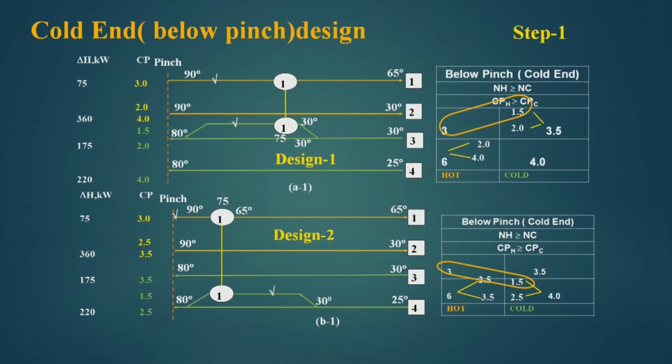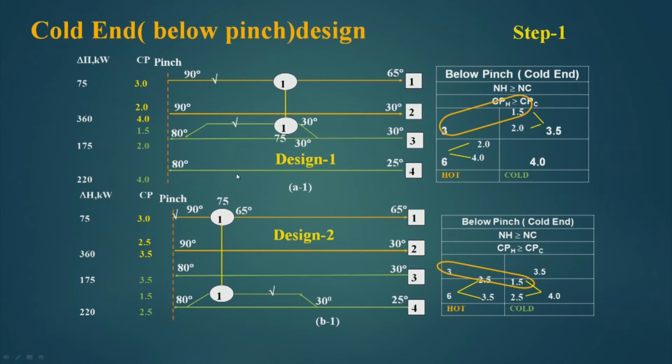Now, why have we done so? With a little bit of aim, because this stream has got 75 kilowatt of heat which has to be transferred to the cold stream. Now, this 75 kilowatt of heat, if I calculate, if the Cp is 1.5, and the stream goes from 30 degree to 80 degree, so 80 minus 30 equal to 50, into 1.5 gives me 75.